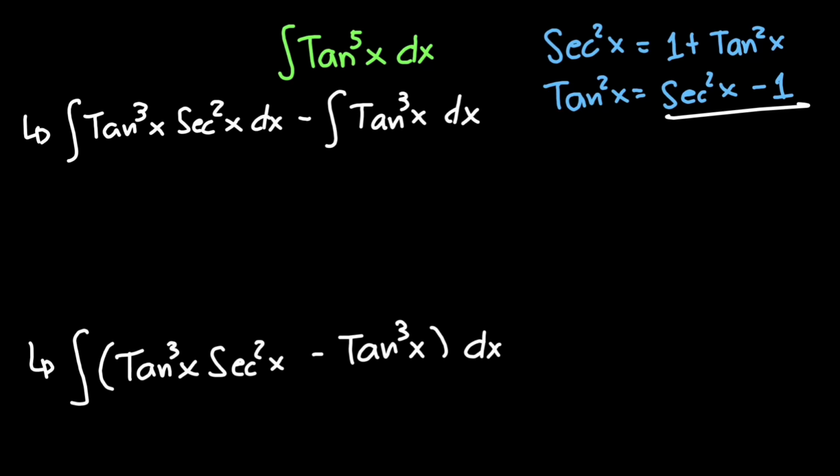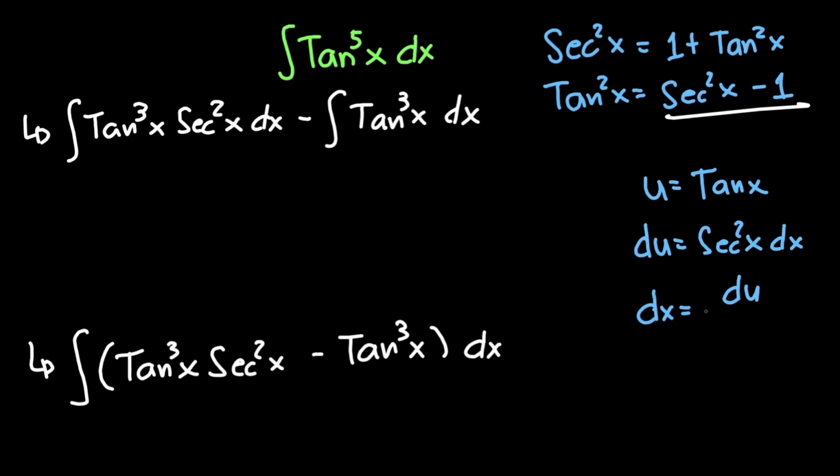And so, let us focus first on this first integral. Just ignore this first. So let u here once again be tangent of x. The derivative of tangent of x would be equal to secant squared of x. And so the value of dx right here would be equal to du over secant squared of x.